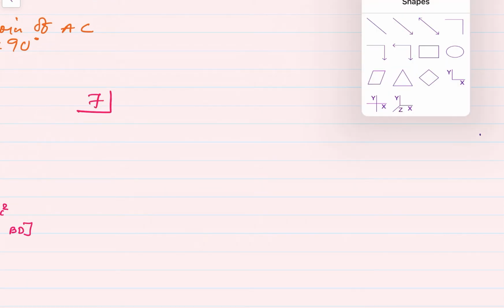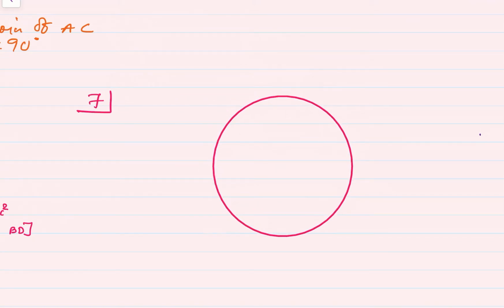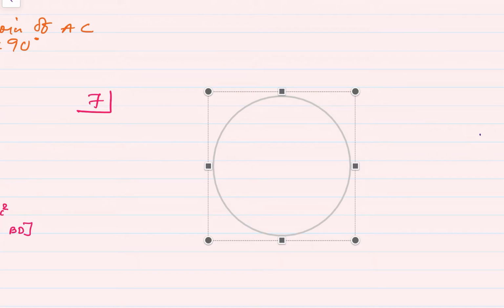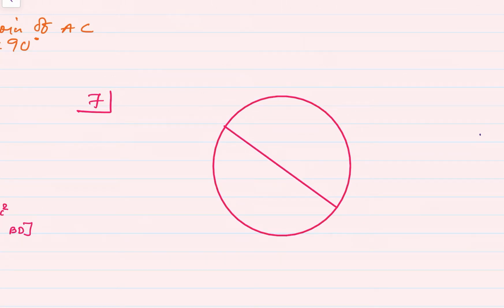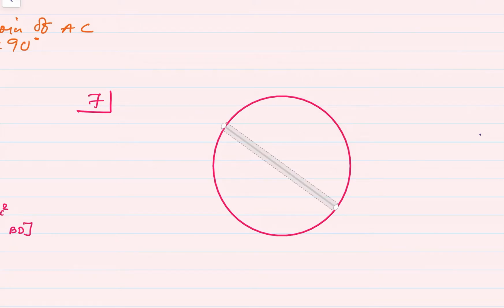Here we have a circle and we have two chords AB and chord CD.